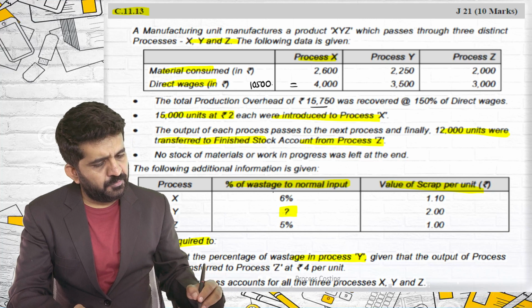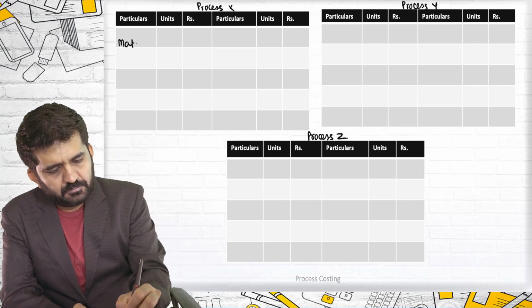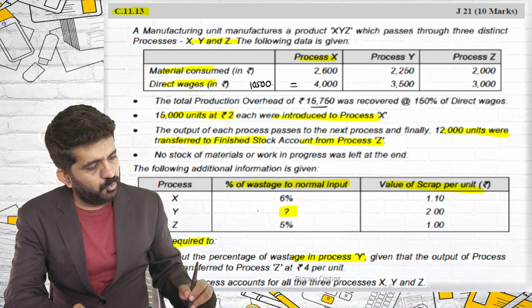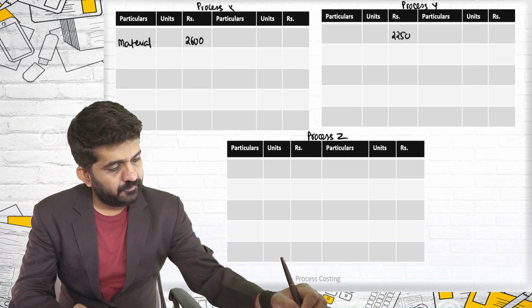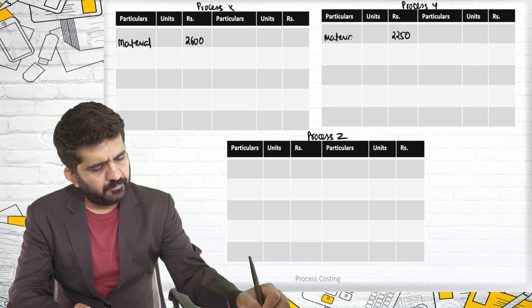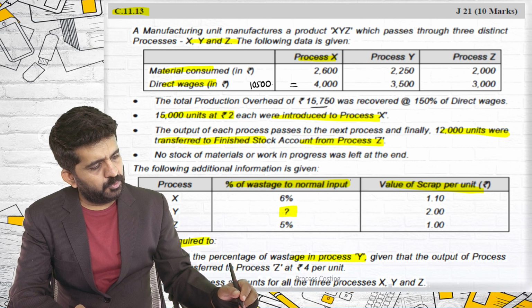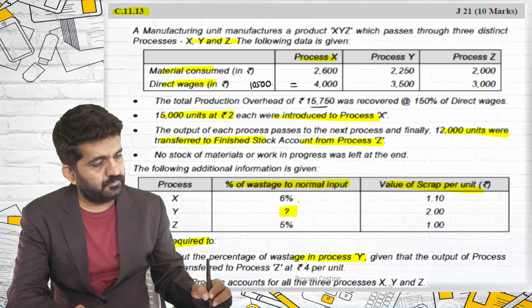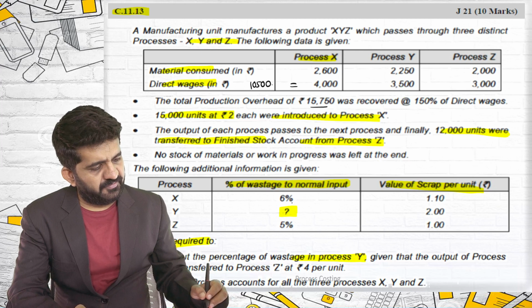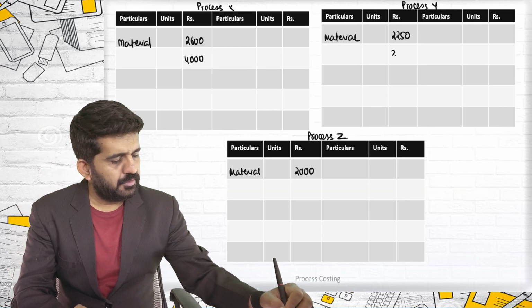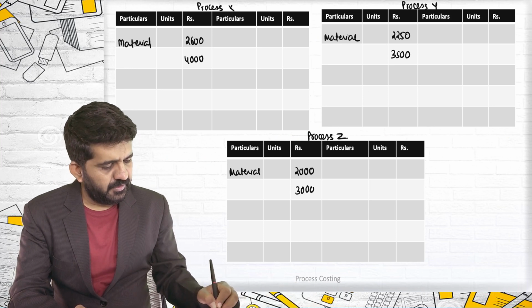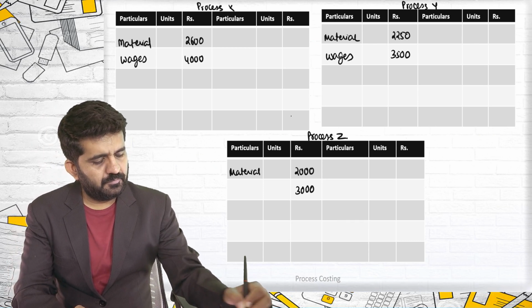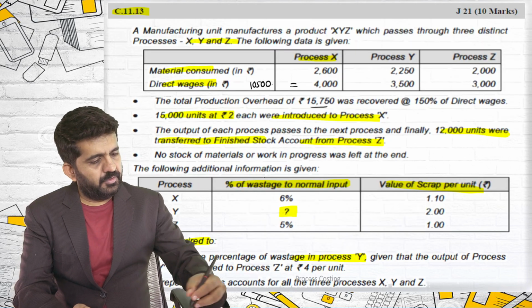So material consumed 2,600 in process X, 2,250 in process Y, 2,000 in process Z. Direct wages 4,000, 3,500, and 3,000. So this chart is over.